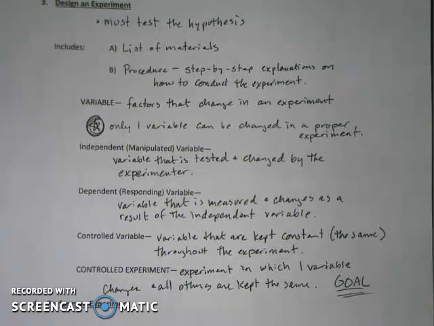So if I was looking at something maybe on the temperature of my classroom and grades, so everything else would have to stay the same except for the temperature of the classroom. So I would have to give the same test to one group that another group has. It had to have the same number of people. It would have to have the same number of boys and the same number of girls.